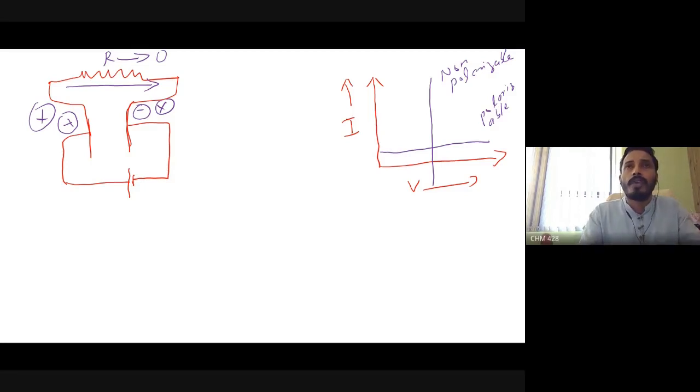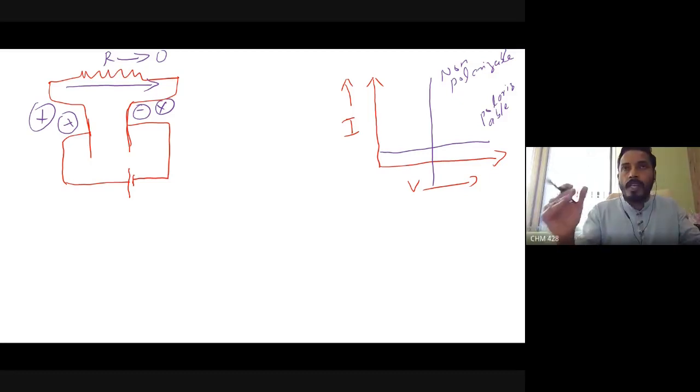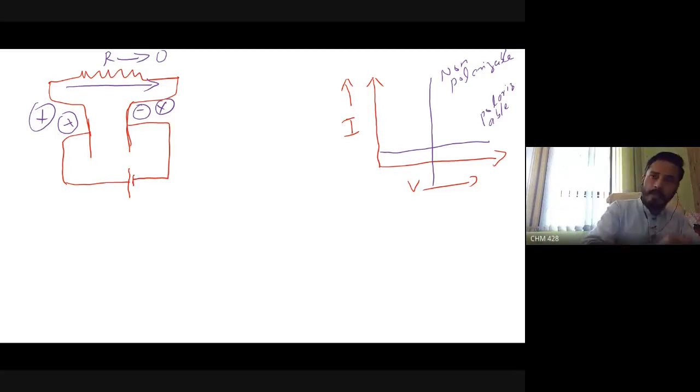Why a reference electrode? Because the purpose of a reference electrode is to provide a constant potential. Yes or no? Yes. The purpose of a reference electrode is to provide a constant potential so that you can compare your other electrodes with that constant potential. For that reason, a reference electrode has to be non-polarizable. It's very important.